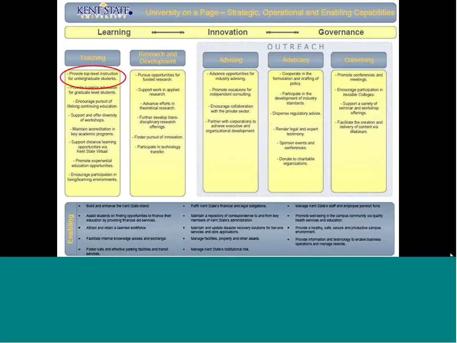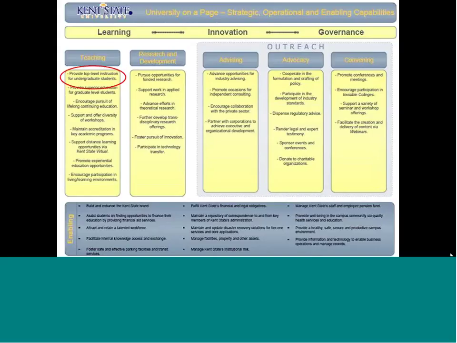We call it a university on a page, with the strategic, operational, and enabling capabilities in this view. At the very top, learning, innovation, and governance, those would be the university's strategic goals and strategic capabilities. Those are the capabilities that we're always designing to when we're designing our business.